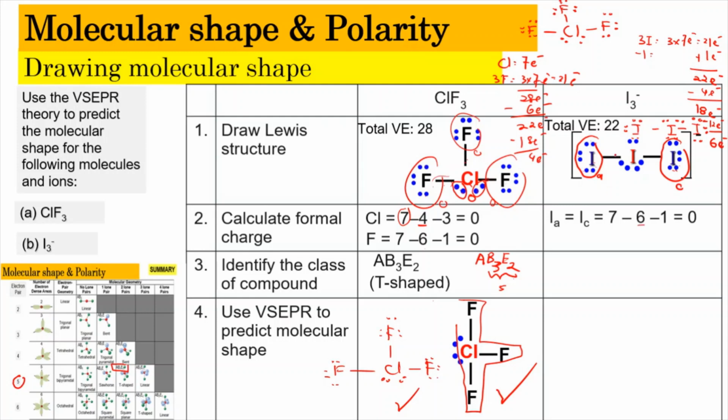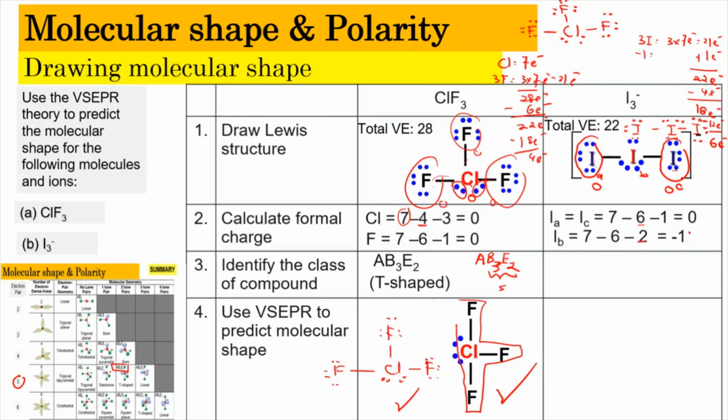So Ia is equal to Ic, which is 7 valence electrons of the iodine minus 1, 2, 3, 4, 5, 6 minus 1 bonding pair. So it has a charge of 0 and then a charge of 0 here. And then for the central atom, Ib, I label it as B here, the valence electrons are going to be 7 minus 1, 2, 3, 4, 5, 6 minus 6, and then 2 bonding pairs, 1 and 2.